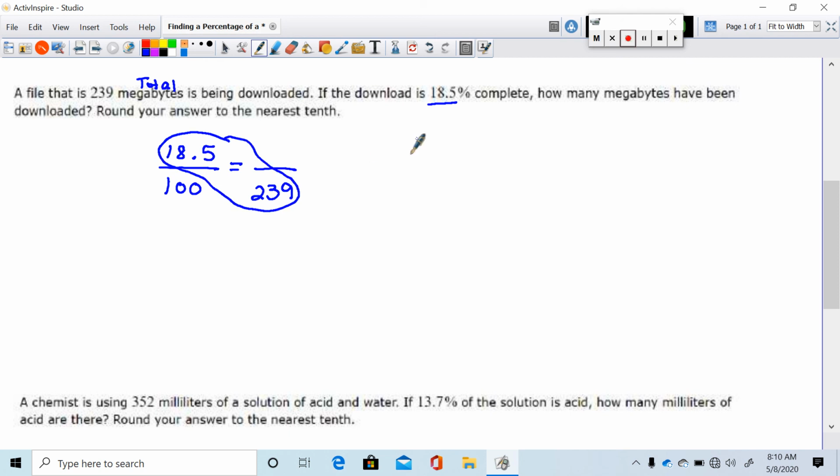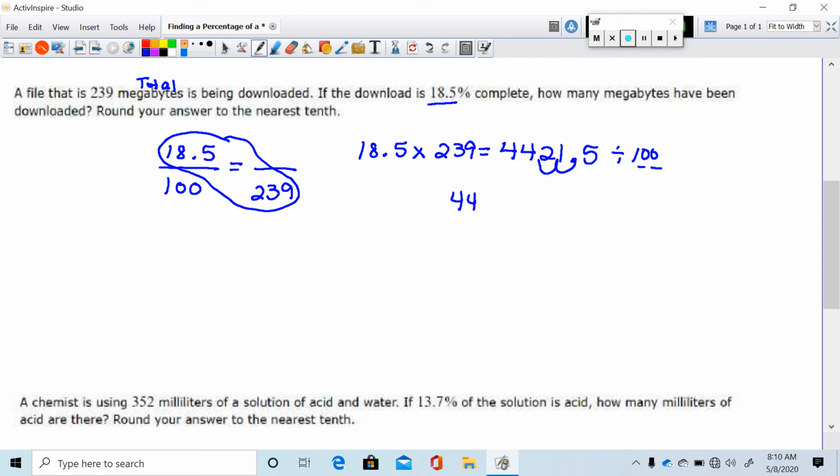I'm going to cross multiply 18.5 times 239, which is 4,421 and 5/10. You divide by the number that's not circled, but because you're dividing by 100 and 100 has two zeros, you move your decimal 2 places to the left.